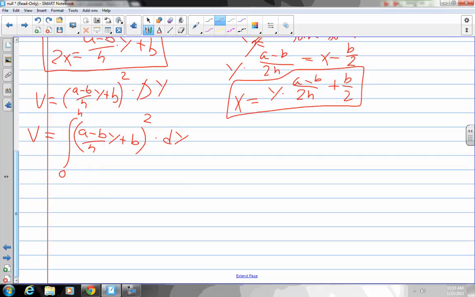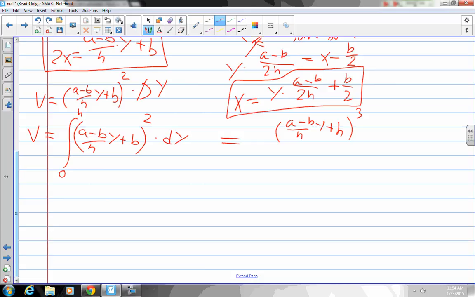So this is fun. How do you integrate that? It's basically a linear function squared, right? Everything else is a constant. I'm going to keep it as is instead of expanding it, because it's going to get really messy if I expand it. I know the integral of a square is going to be a cube, right? A minus b over h times y plus b is going to be cubed.